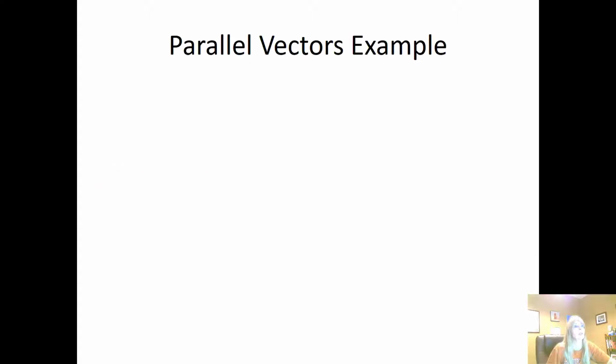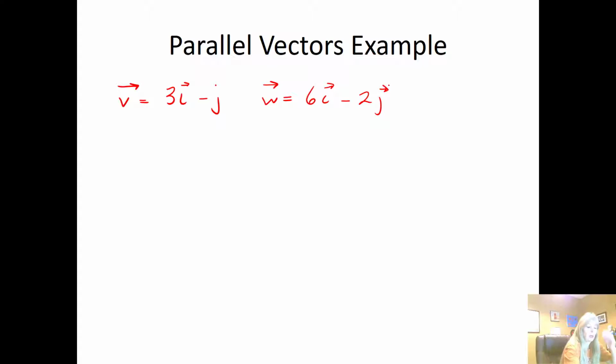So let's look at an example. If I have vector v is 3i minus j, and vector w is 6i minus 2j, and I want to know if these are parallel.